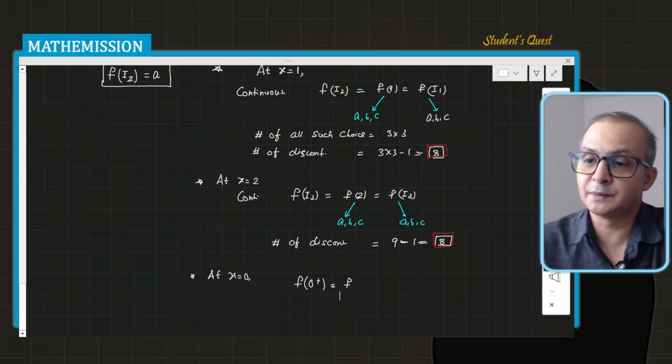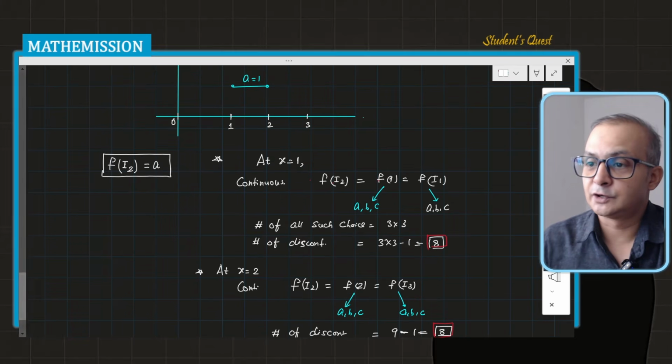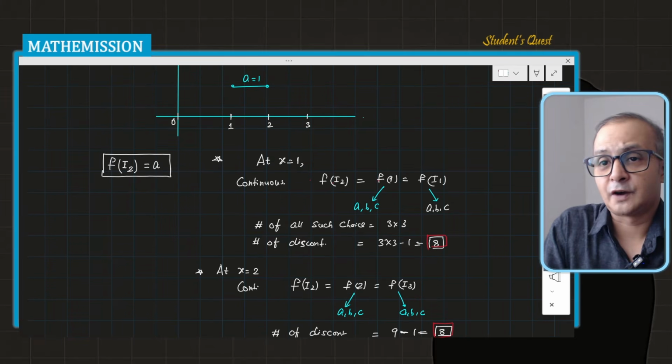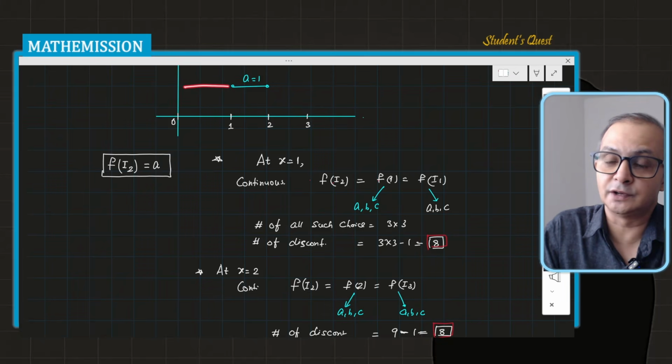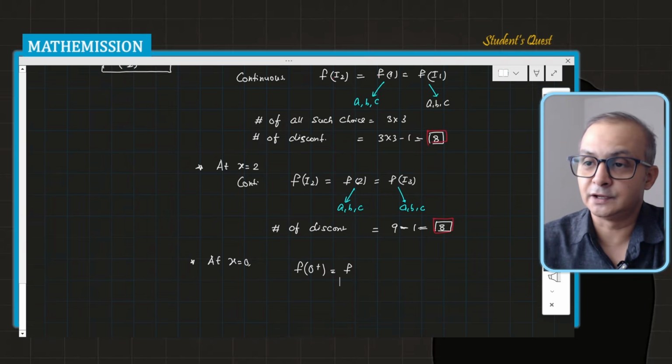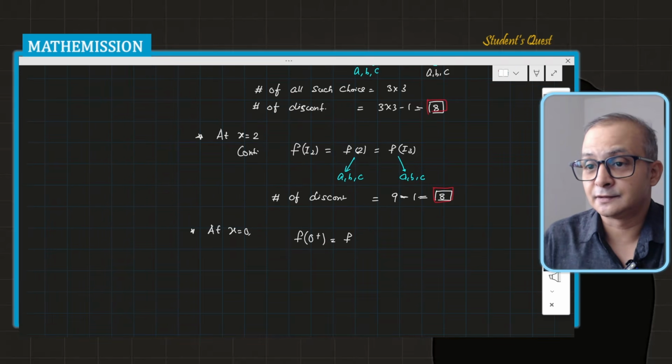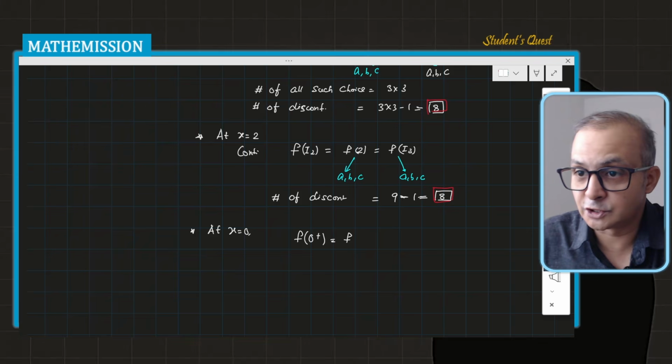But the problem is that in this interval, you notice the function is going to be constant only. So f of 0 plus must be equal to the value of this function in the interval only.